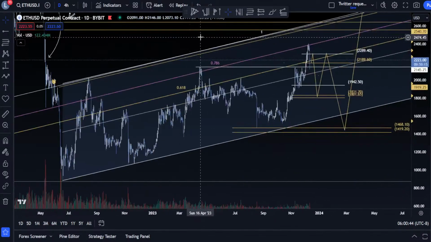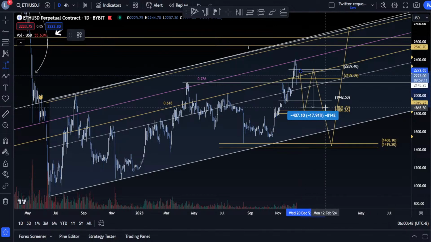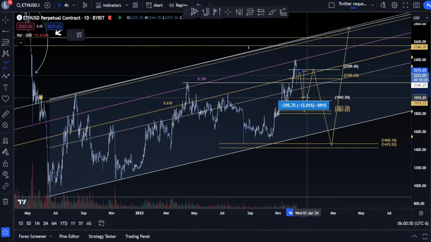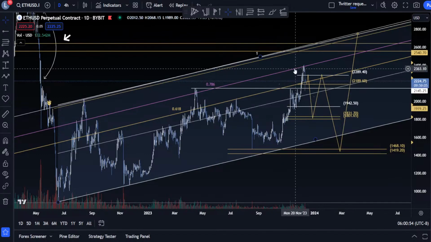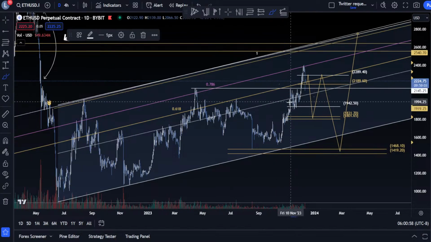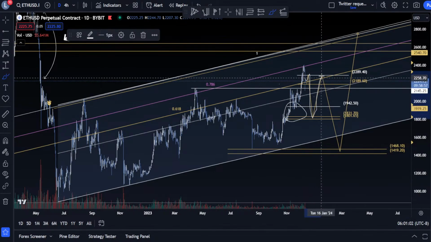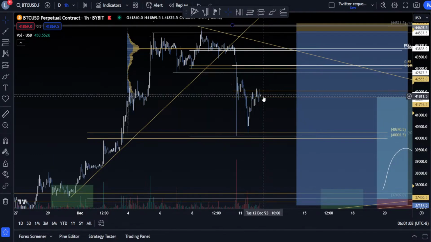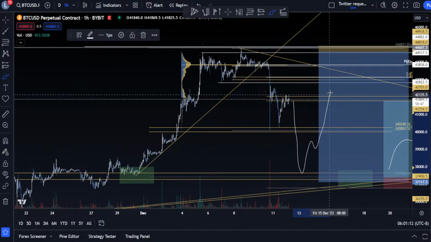All right, so if that happens on ETH, and if you measure these moves based on the correlation between ETH and Bitcoin, this would be what you would maybe look to see on ETH. That'd be a move down into this region of the chart. Maybe come back up and retest these current highs at the same time as Bitcoin is doing something like this.